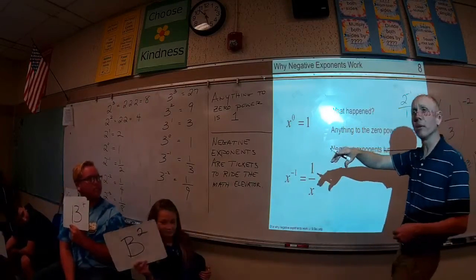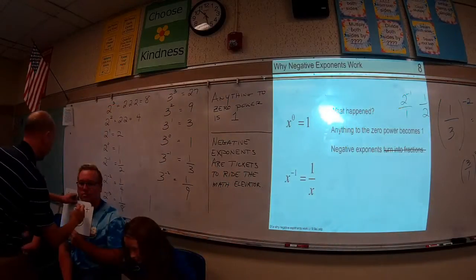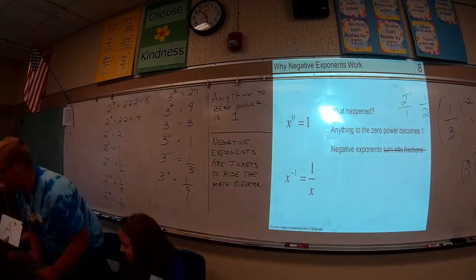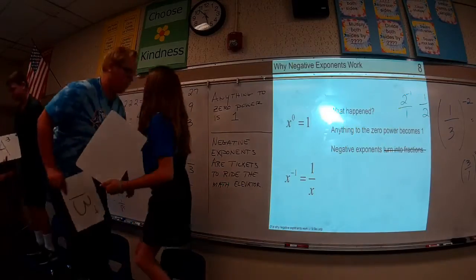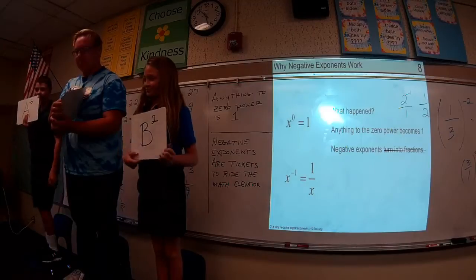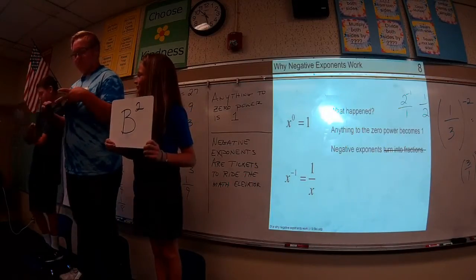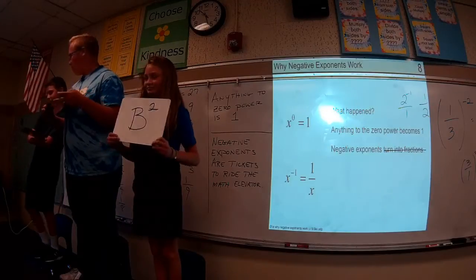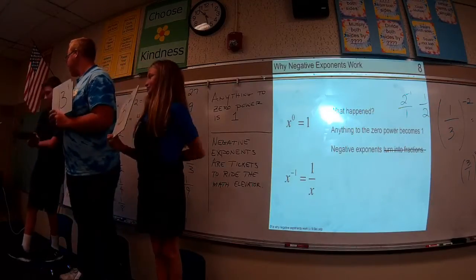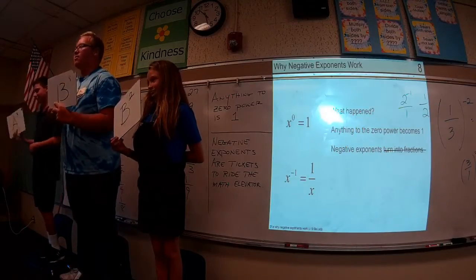So when everybody's on the bottom, there's a 1 on top. If everybody's on the top, there's a 1 on the bottom. You still have a ticket. Didn't you just ride the elevator? If you ride the elevator, you have to erase your ticket.